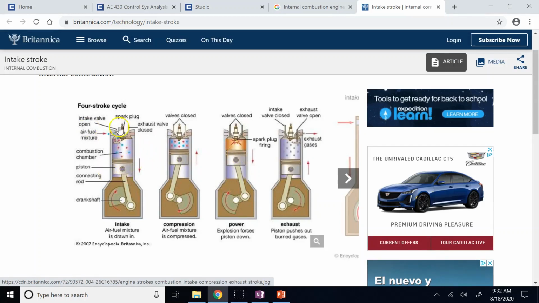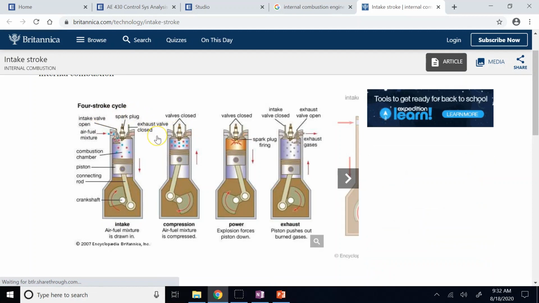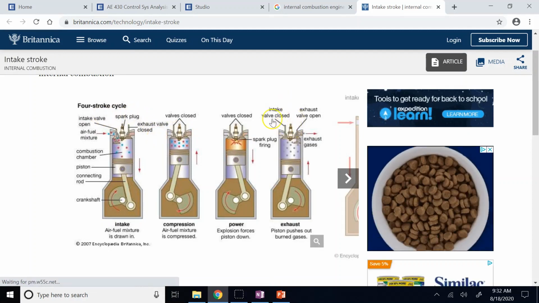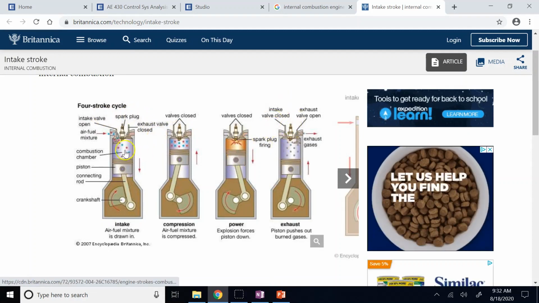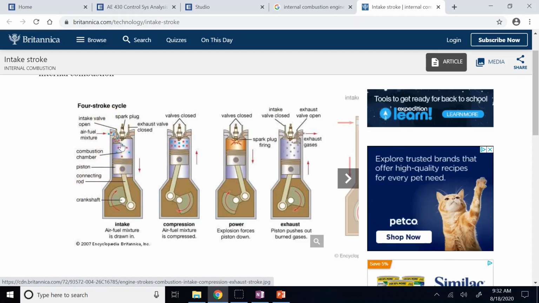And by the way, these are the 4 stages of an internal combustion engine, the 4-stroke cycle, we call it. So as I said, this is the intake stage where the fuel comes in, and then you have the compression, and then the explosion or power, and then the exhaust.